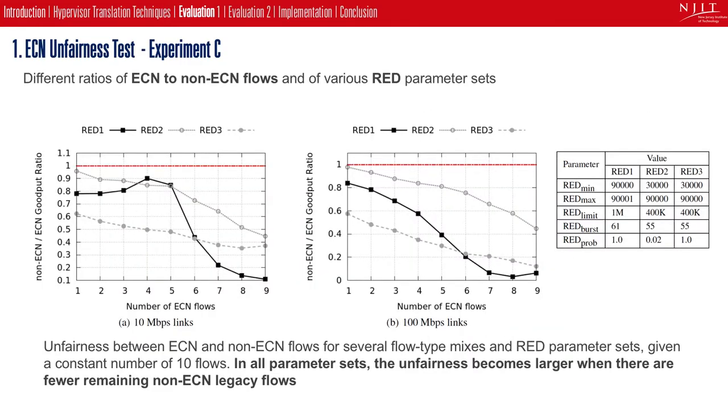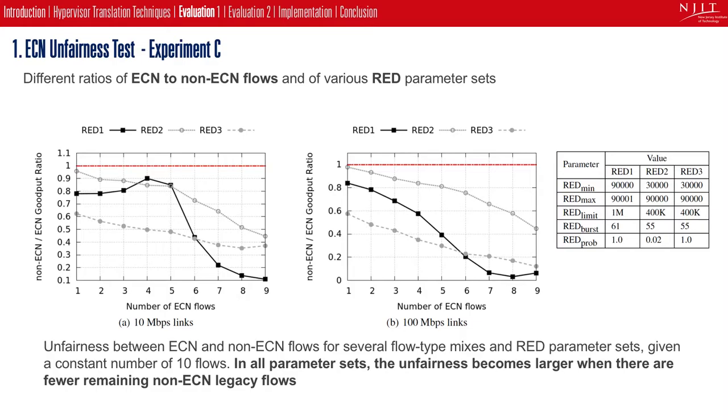Experiment C, we put different ratios of ECN to non-ECN flows and various RED parameter sets, which are listed on the right of the slide. All flows are running through a 10 Mbps link and a 100 Mbps link. The figure shows the result.